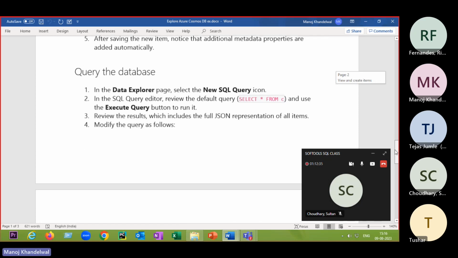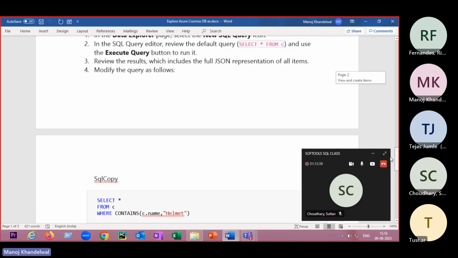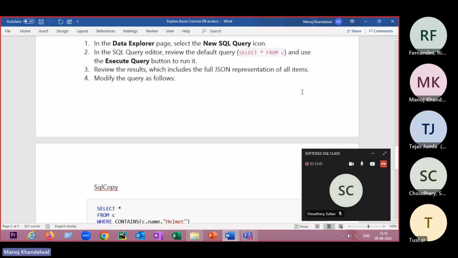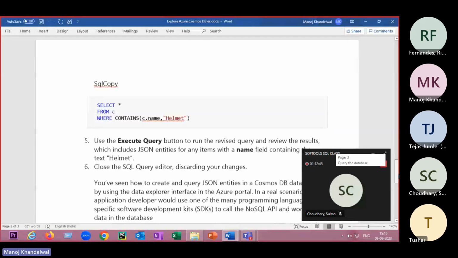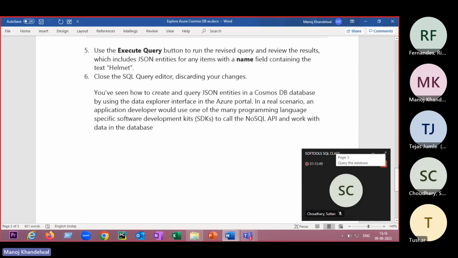It will be a different experience. Even though the data is in the form of JSON, we are using a standard query language like SQL to query it. That is also abstraction. It's hiding the complexity inside and giving you that facility.